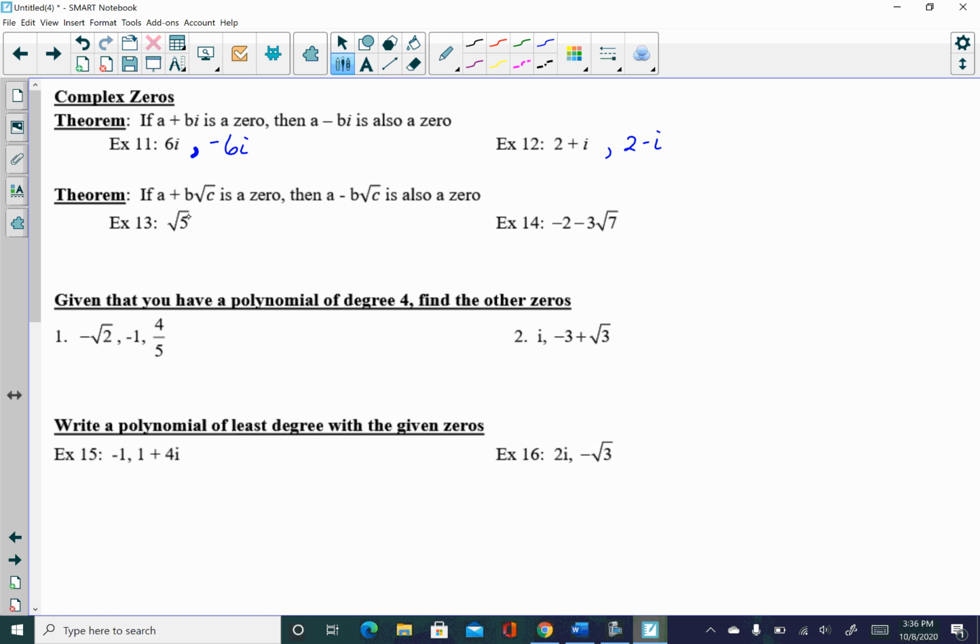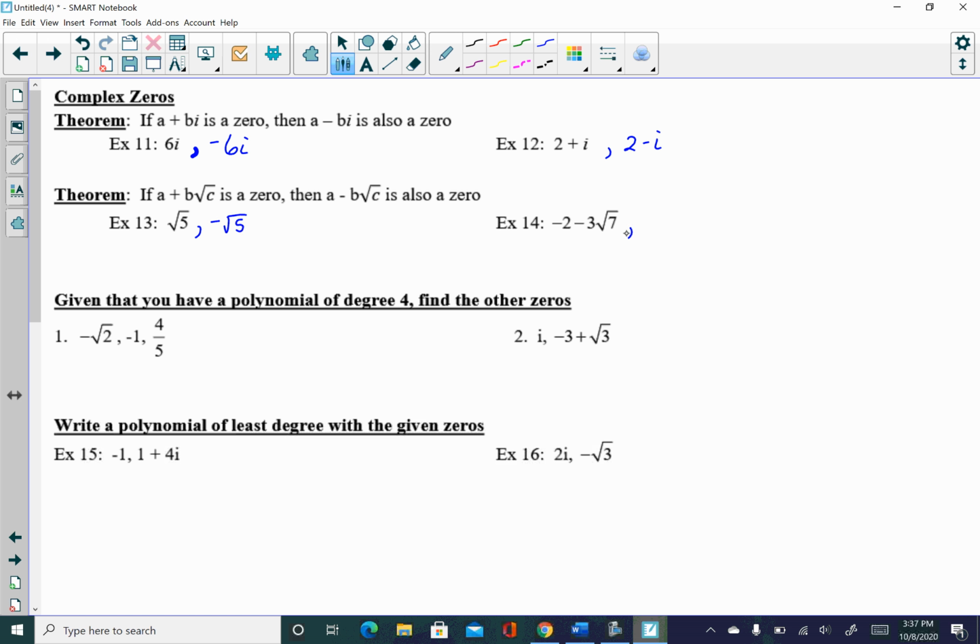All right, your next one, your square root zeros. Here you have a plus b square root of c is a 0. If a plus b square root of c is a 0, then a minus b square root of c is also a 0. Again, the only sign that's changing is the piece in front of the square root. So it tells us here if the square root of 5 is a 0, then we automatically know that negative square root of 5 is a 0.